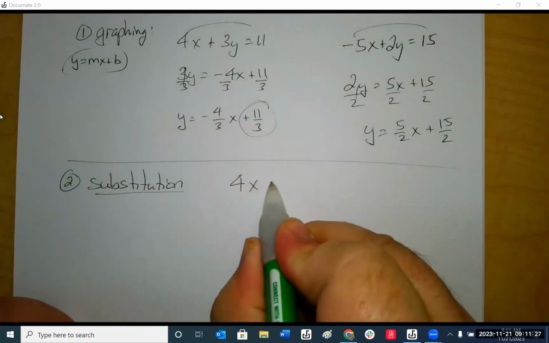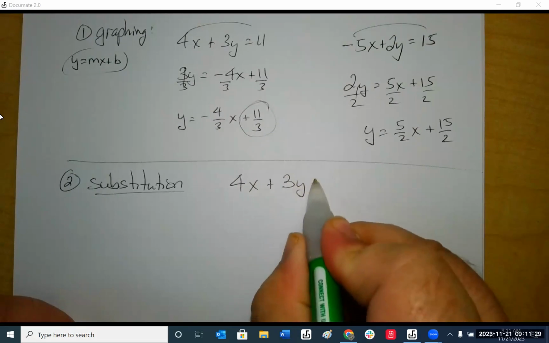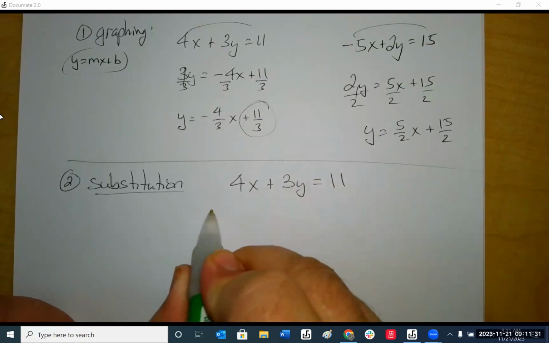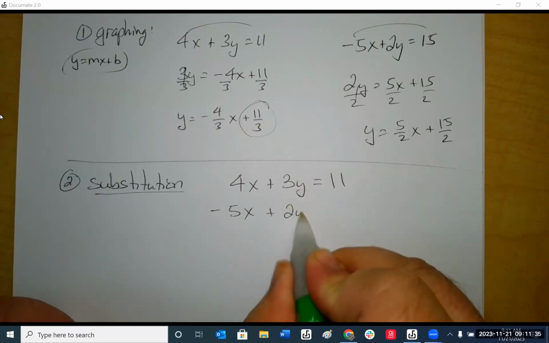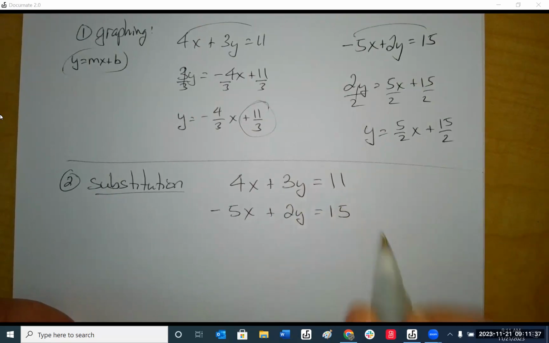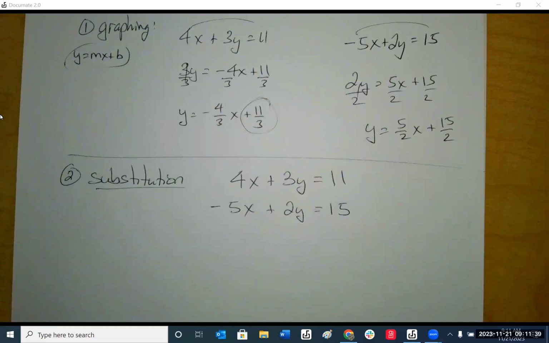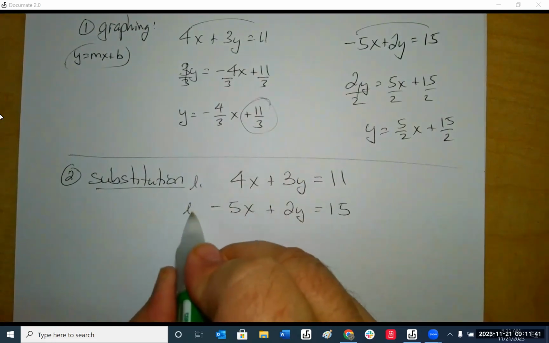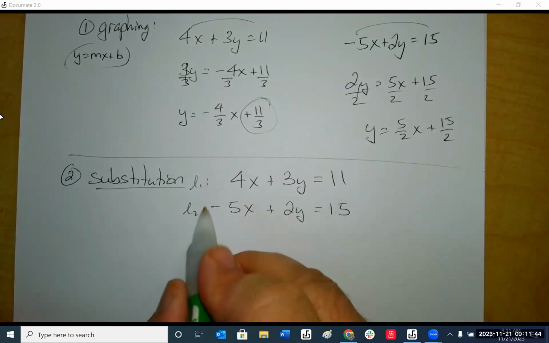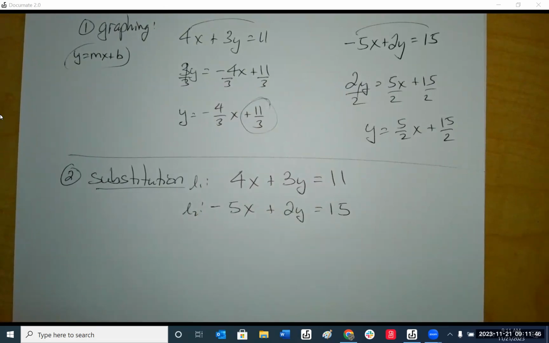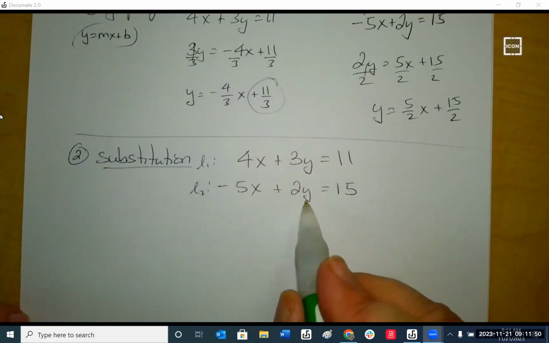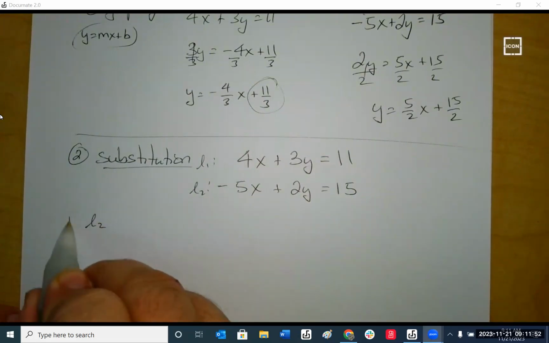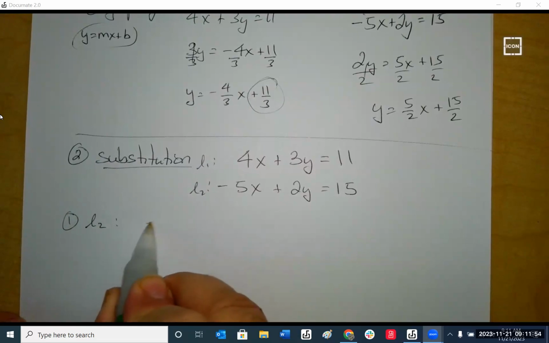We have 4x plus 3y equals 11. -5x plus 2y equals 15. Line 1, line 2. So I will take the second one. I'll take line 2 for my first step.